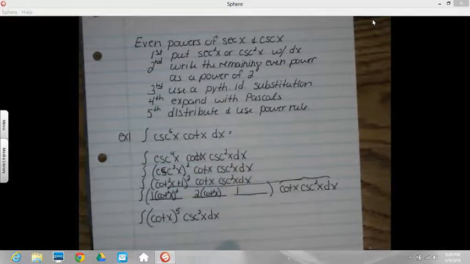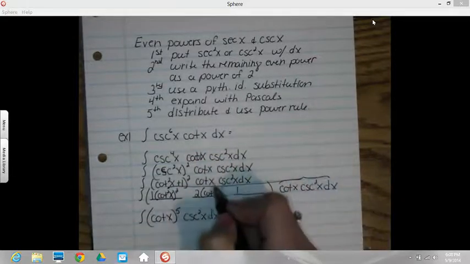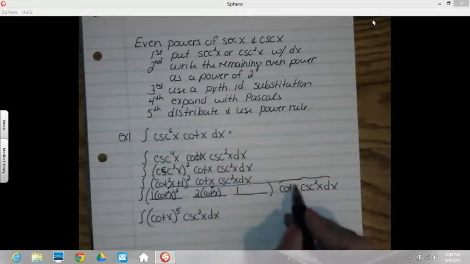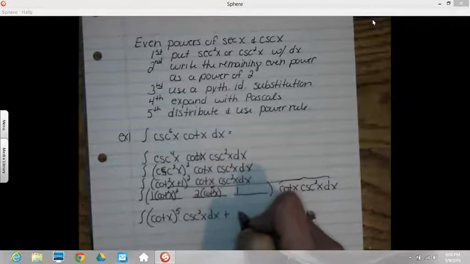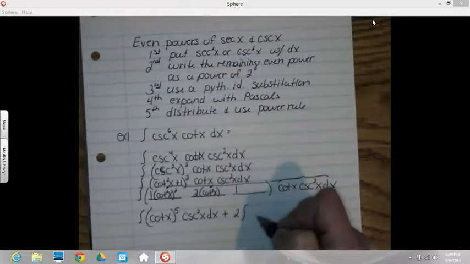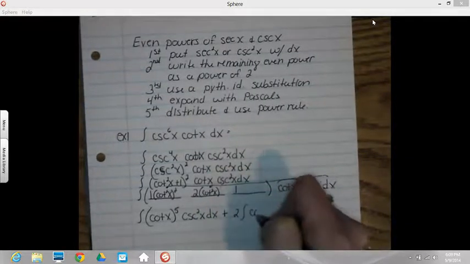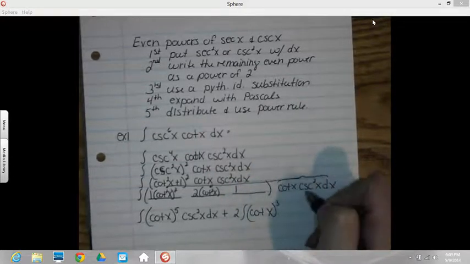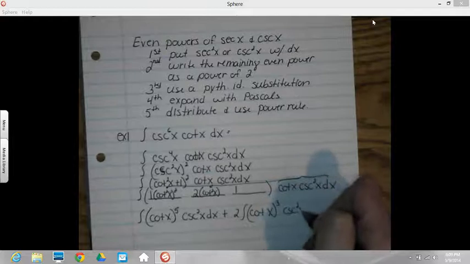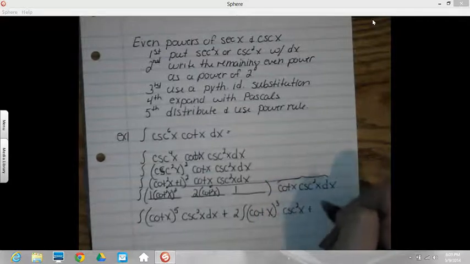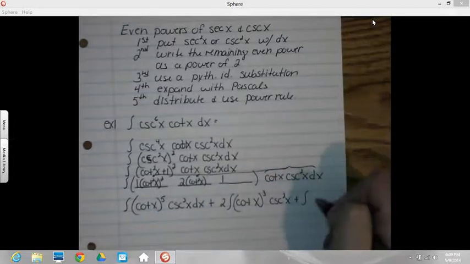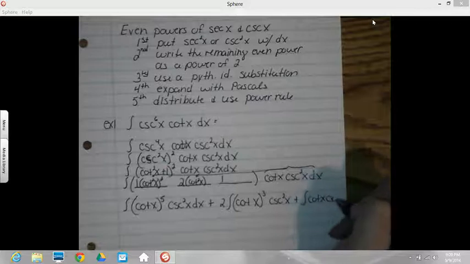The next one, the cotangent squared to the first times the cotangent here is going to give me plus 2 times the integral of cotangent cubed. I'm going to write it like this, and then I have my cosecant squared. And then my last one is just this times 1, cotangent times cosecant squared x dx.